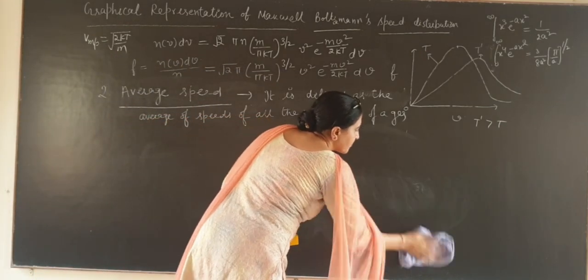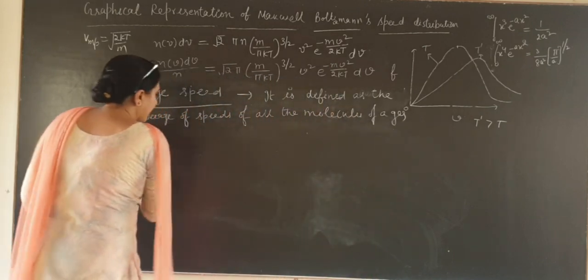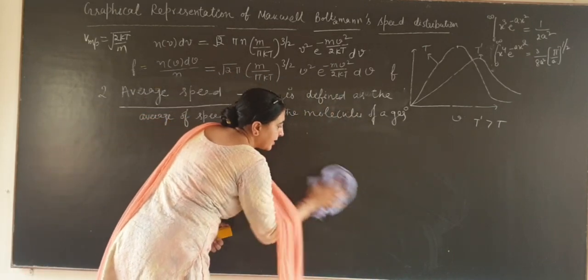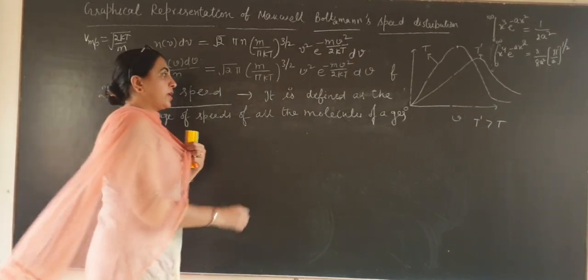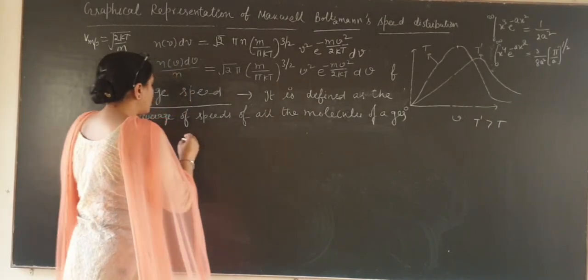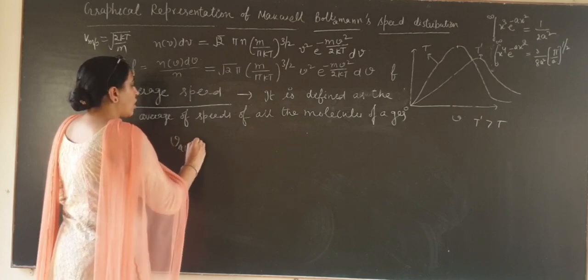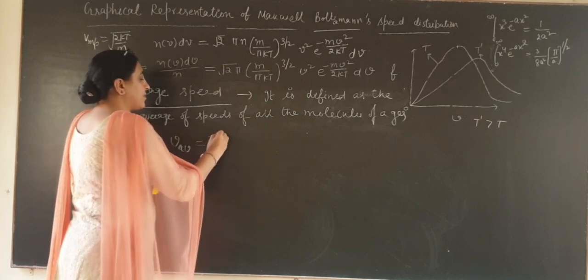If it is discrete values, we take summation, and if these are continuous, we take integration. So you write it as V average, or you can also write it V bar.